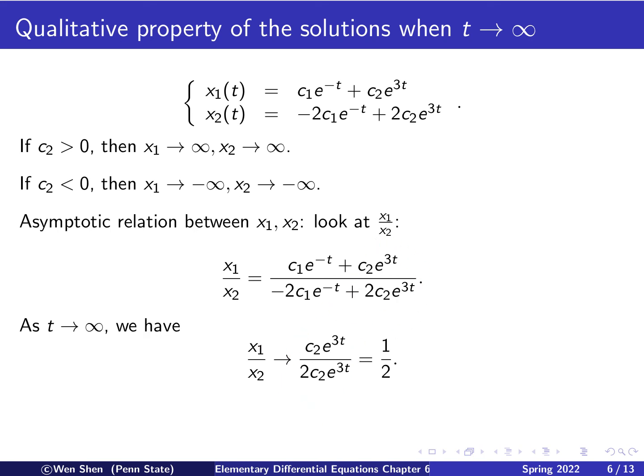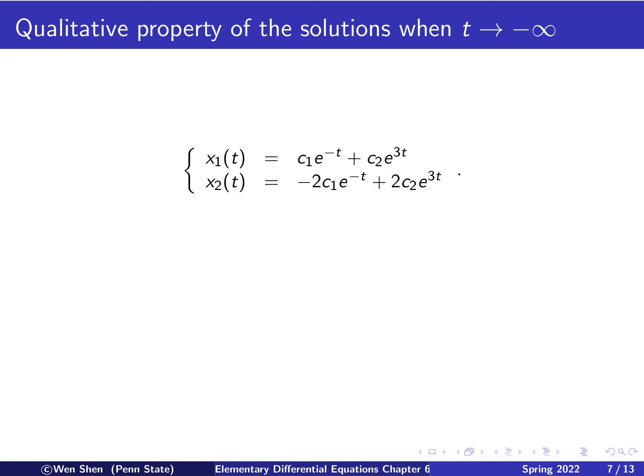Then e to the 3t is not 0 and c2 is not 0, so they can be crossed out, and we see that the ratio is 1:2. This means asymptotically the value of x1 will approach half of the value of x2 as t goes to plus infinity if c2 is not 0. If c2 is 0, then this term is just 0, and that's a different situation.